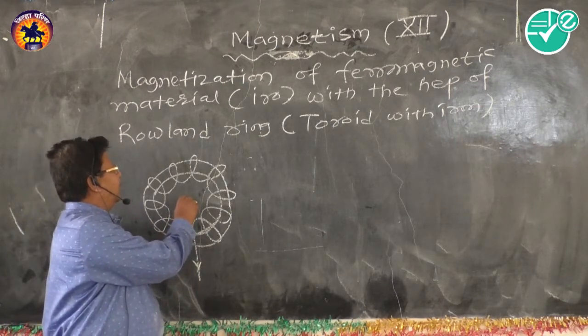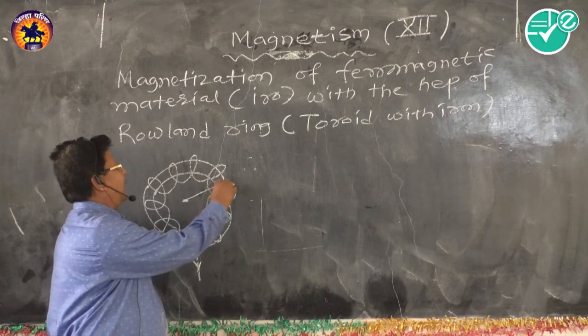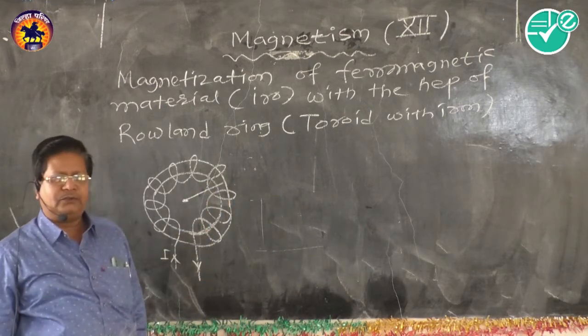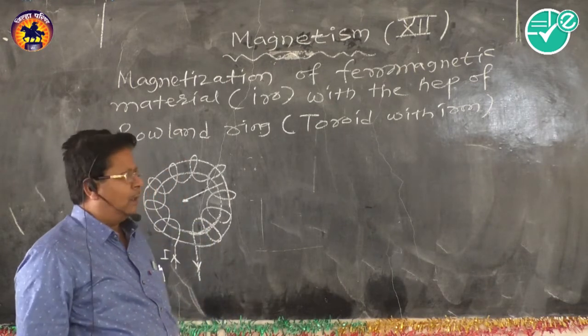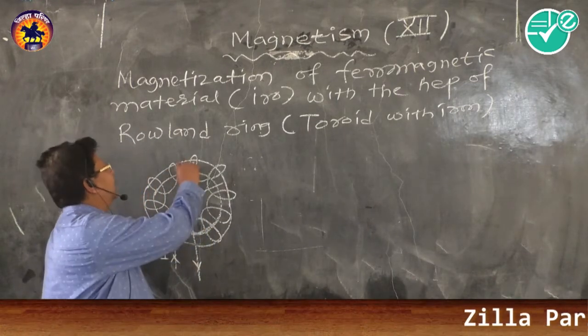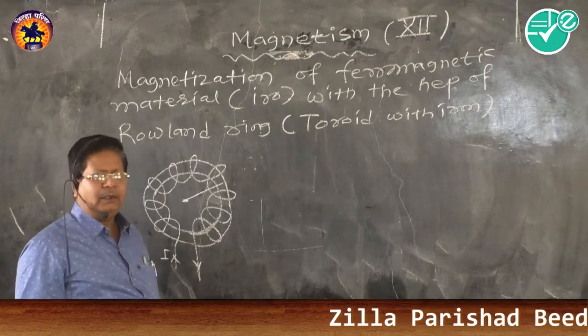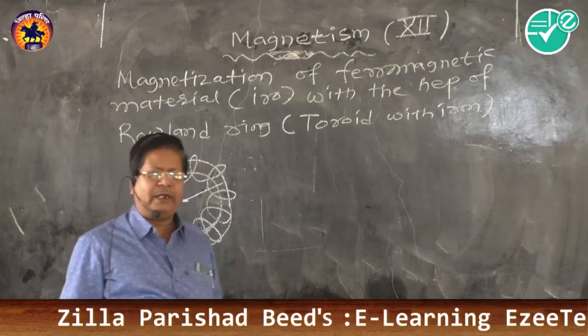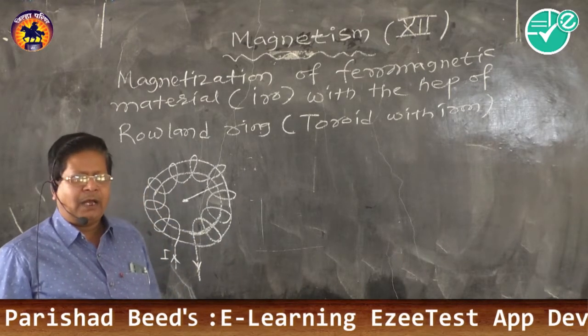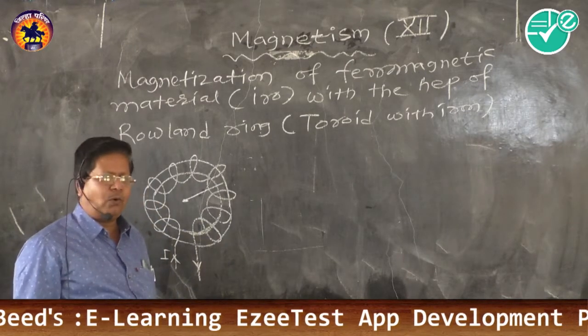And the magnetic induction at the center of coil is calculated. As inside the toroid the medium present is vacuum, that means this toroid is in absence of iron core.